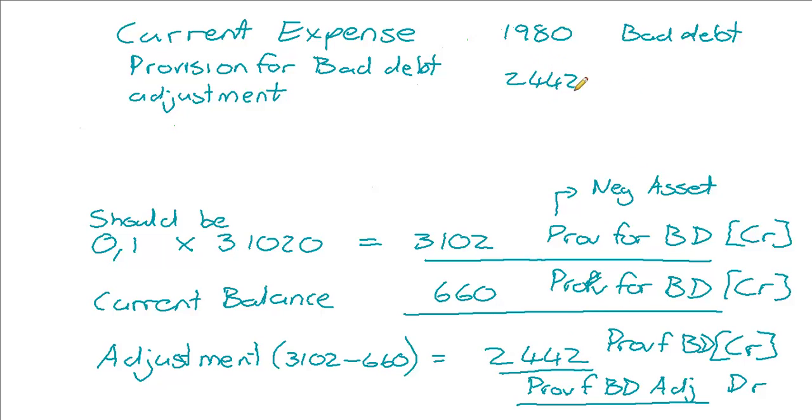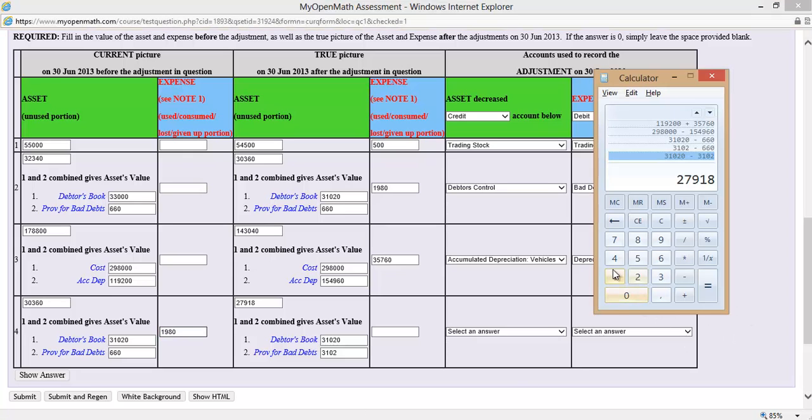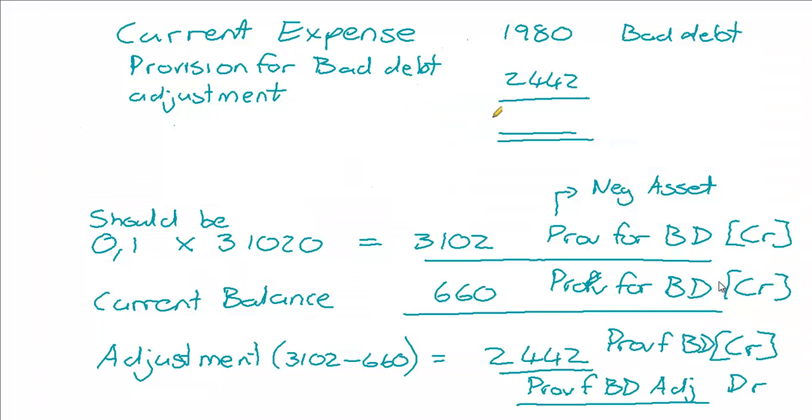We got that from here. That's my adjustment. If you add these two figures together, you're going to get a total of 1980 plus 2442, 4422, and that is my new expense figure, which is the bad debts and the provision for bad debts adjustment.